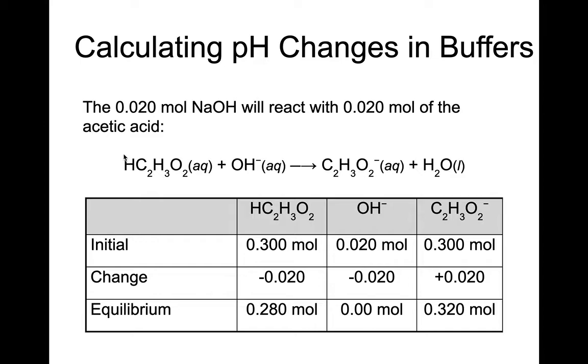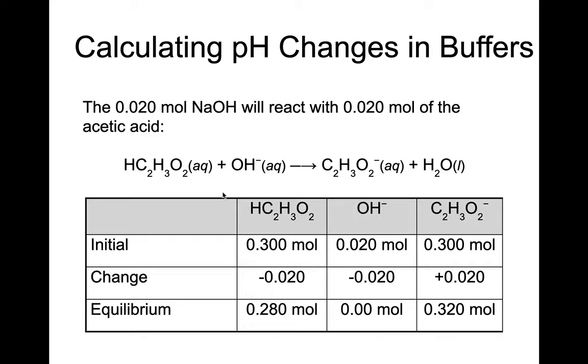So let's make an ICE table to get the rest of our information. So we've got acetic acid in our solution. We know that when we add sodium hydroxide, that's a base. The base is going to react with the acid in a neutralization reaction, just like we saw yesterday. So we've got this acid in solution. We add the base, which means hydroxide ion reacts with our acid in a neutralization reaction to make more acetate ion and water.